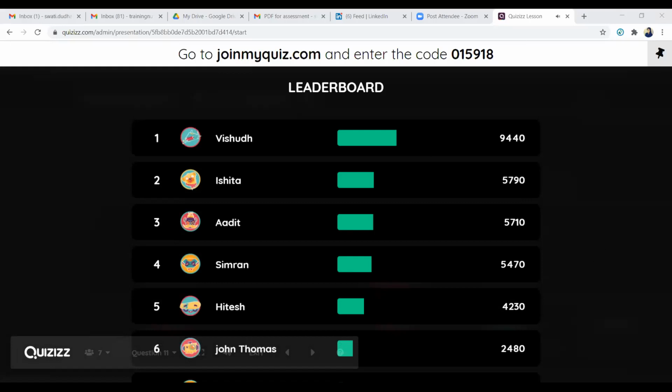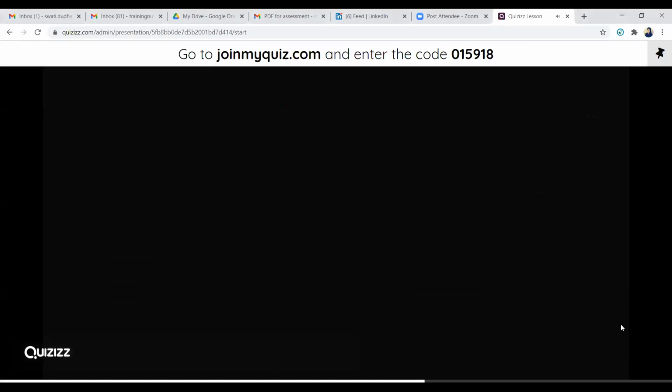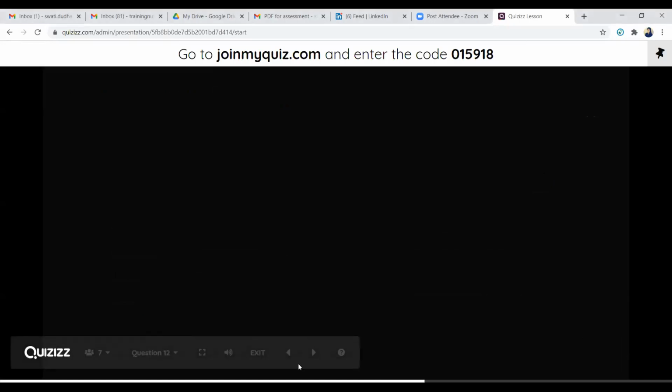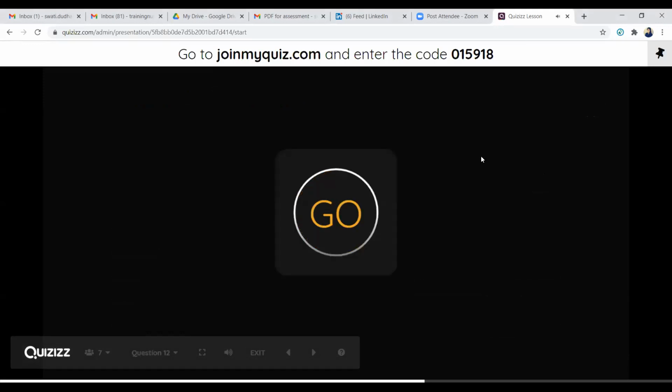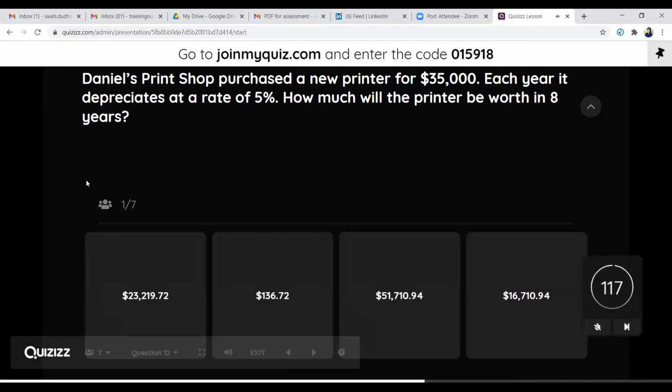Vishud is on the top still. Option 4. Daniel's print shop purchased a new printer for 25,000.